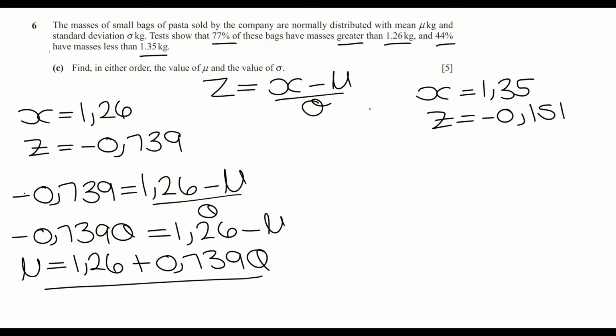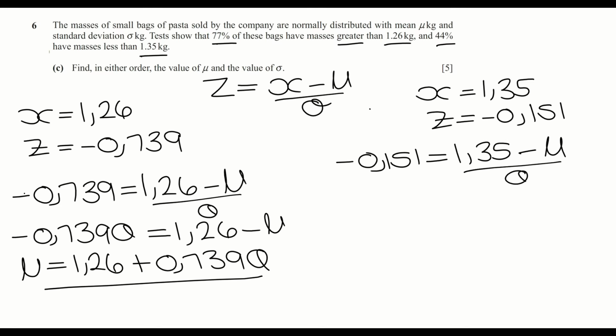Now let's do the same for the other side. My z-score is negative 0,151, which is equal to x 1,35 minus mu over sigma. Multiply both sides by sigma. I get negative 0,151 sigma is equal to 1,35 minus mu.